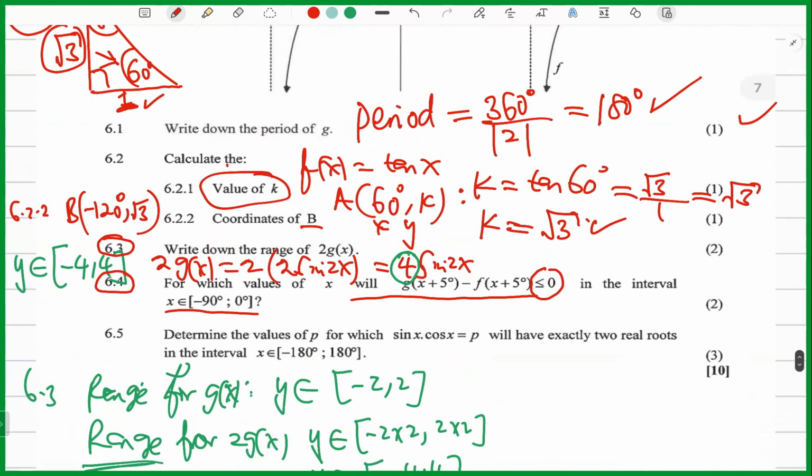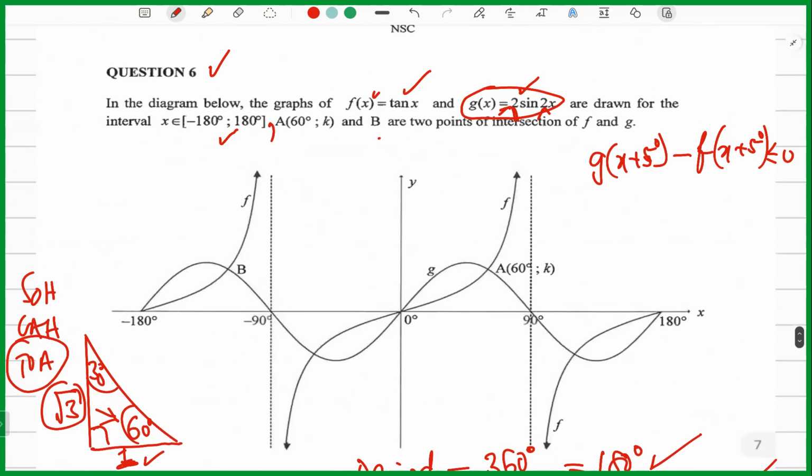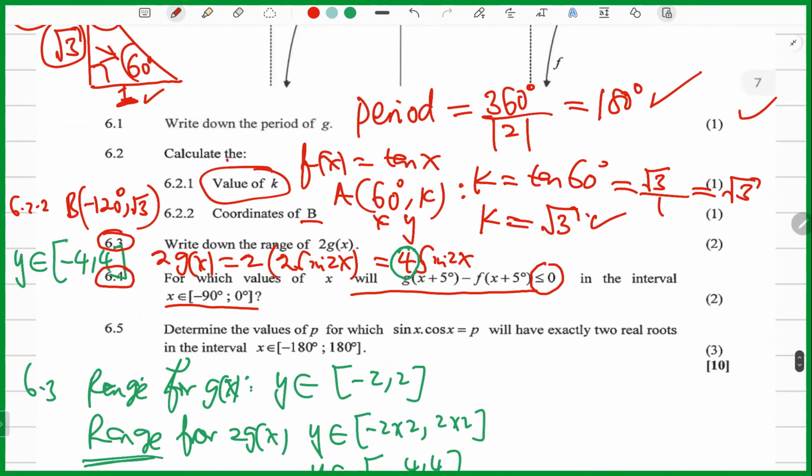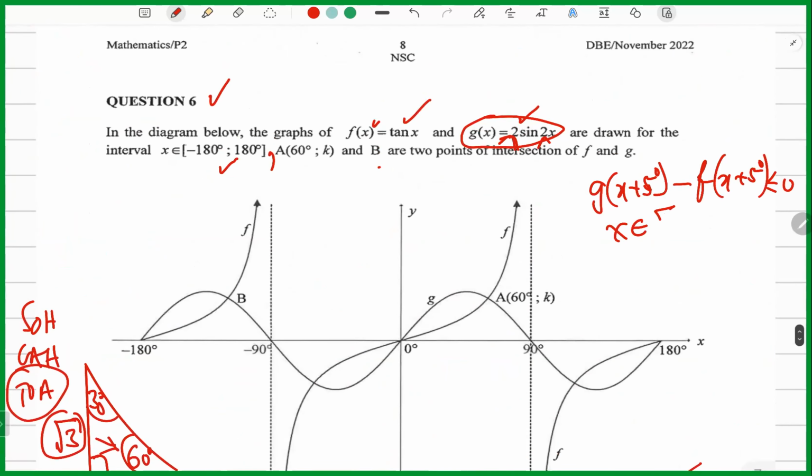So for g you add 5, and for f you add 5, and the result is less than or equal to 0. But the area of focus is between minus 90 and 0.